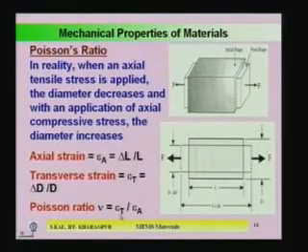Now the ratio of epsilon T by epsilon A is Poisson's ratio. Poisson's ratio is epsilon T divided by epsilon A, that means transverse strain divided by axial strain.